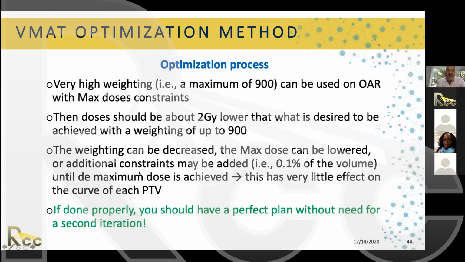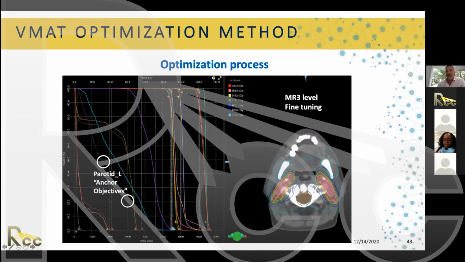So at this point, for example, when you want to fine tune maximum or max doses, you can use very high weighting for this. Again, you need to make sure that you always check what's going on with the shoulders of your PTVs.